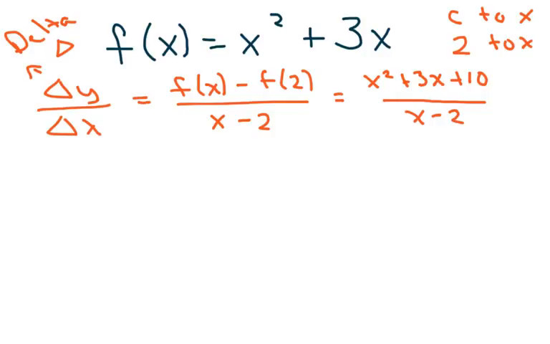Now I'm going to factor this. We get x plus 5 times x minus 2, and divide it by x minus 2.